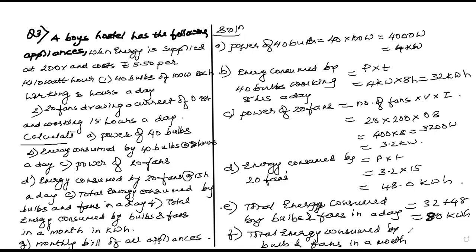We'll assume always a month to be made up of 30 days, 80 into 30, 2,400 kilowatt hour.